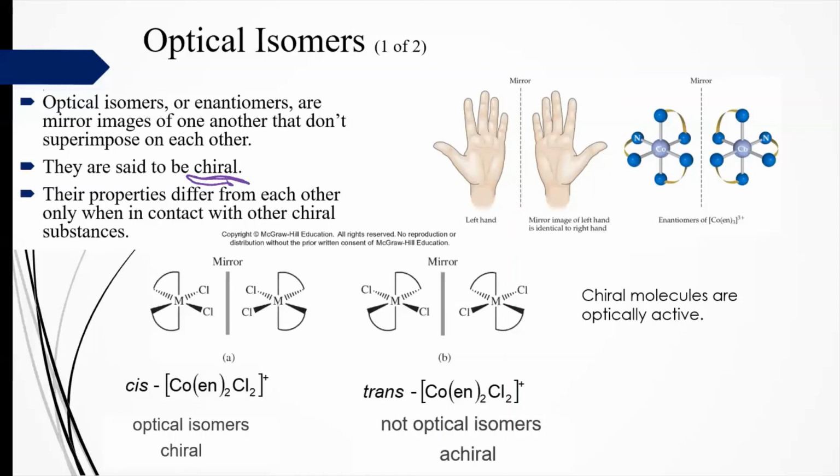If you put them on top of each other, their palms are not facing in the same direction. If you lay them so that their palms face the same direction, then your thumbs don't line up. This is what it means to be an optical isomer: you are a mirror image of the other one. While you're very similar, you're not exactly the same. We can't make one of them look like the other.